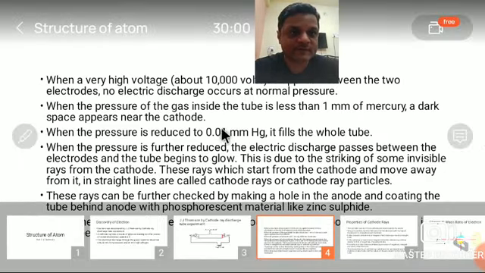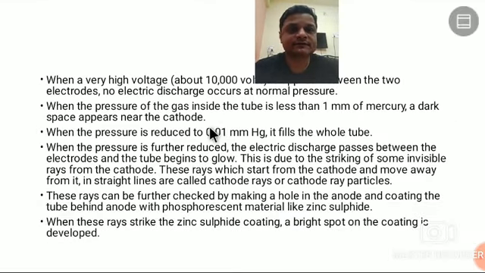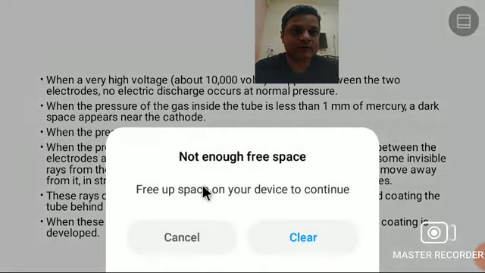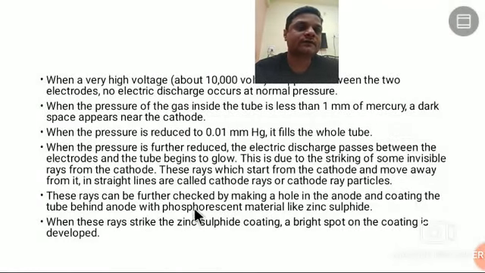When the pressure is lowered, we can see a dark space. If you decrease the pressure again, the whole tube fills up. When the pressure is further reduced, the electric discharge passes between the electrodes and the tube begins to glow. This is due to the striking of some invisible rays that start from the cathode and move away from it, called cathode rays.